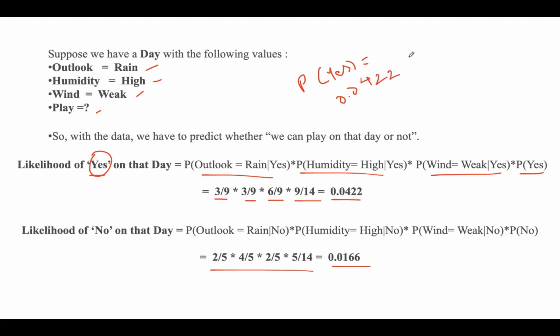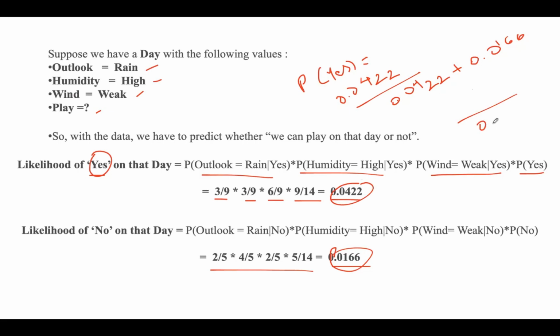So here probability of yes equals 0.0422 divided by 0.0422 plus 0.0166. So add these two values, this one and this one. Calculate the result.